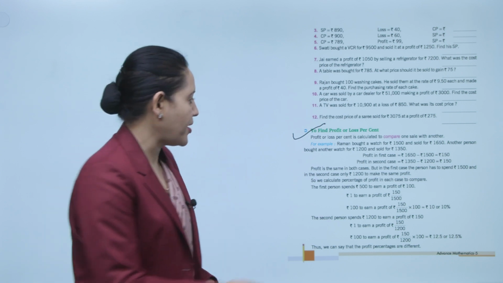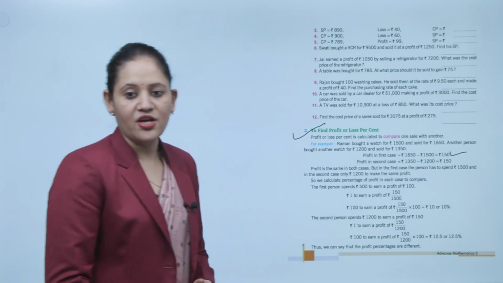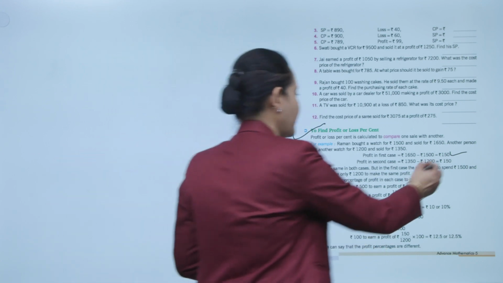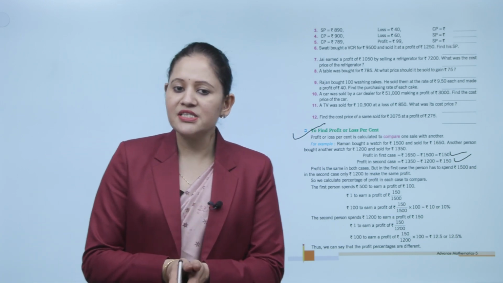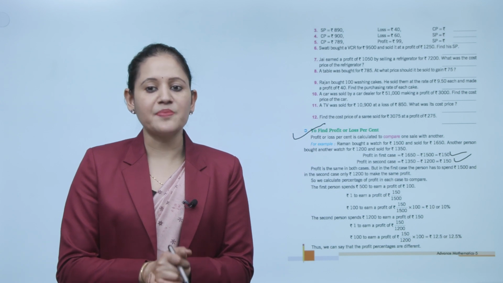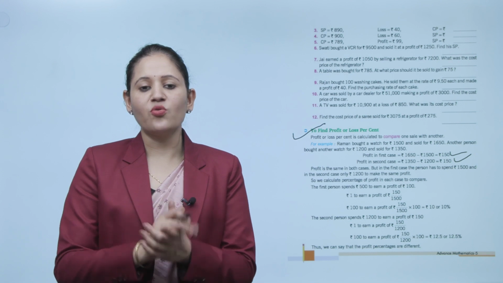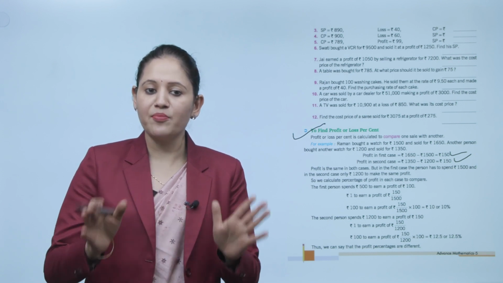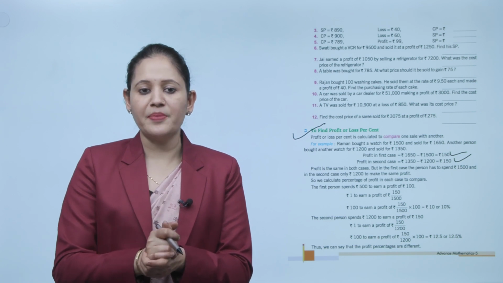So in the first case the profit is rupees 150 and in the second case the profit is rupees 150. In both cases they have the same profit. Profit is the same in both cases, but in the first case the person has spent rupees 1500. In the second case he has spent only rupees 1200 to make the same profit. So we calculate the percentage of profit in each case to compare.